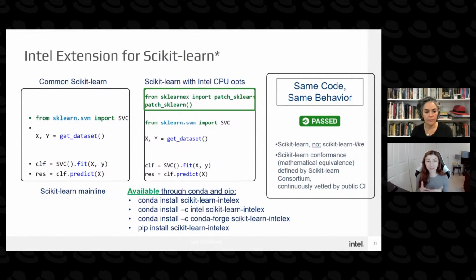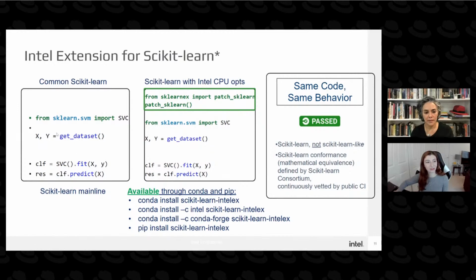I want to use Intel extension for scikit-learn, which is powered by the oneAPI Data Analytics Library and its Python API equivalent daal4py, which can also be used directly if you so choose. But you could also just use the Intel extension for scikit-learn and stay within your regular scikit-learn API. So I'm ready. Let's go ahead and do it.